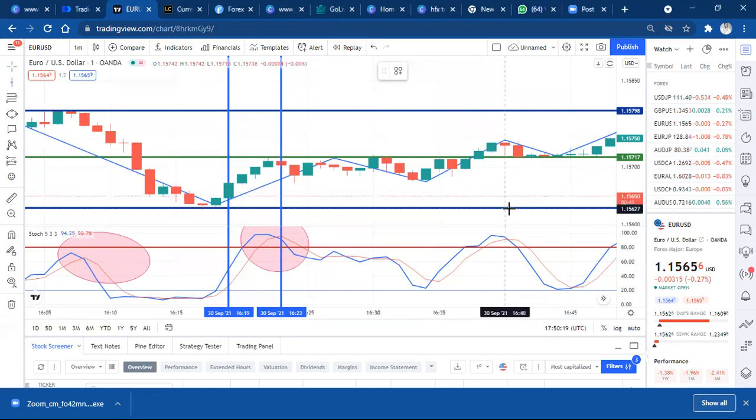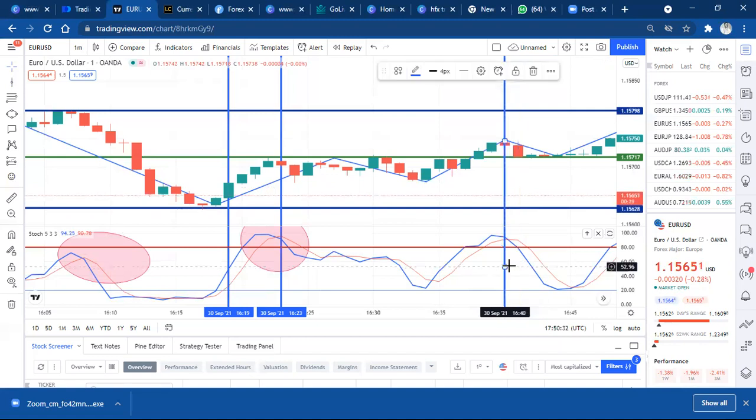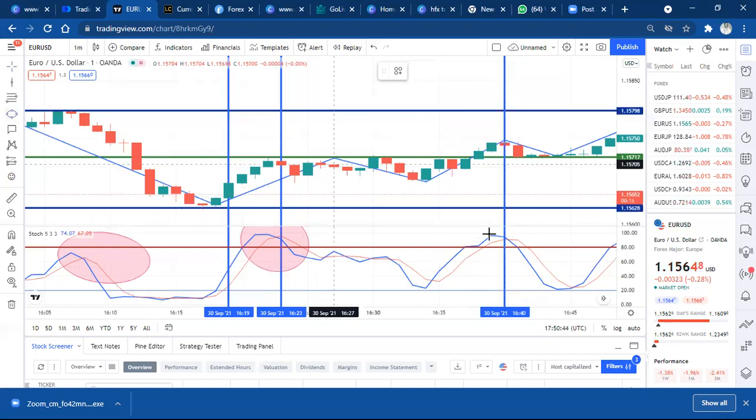When your blue line crosses over the red line, you can be sure that yes, now price has started making the movement that it intended to make right there. Can you see? So basically, when your stochastic is overbought up here, what do you think you should be looking for?